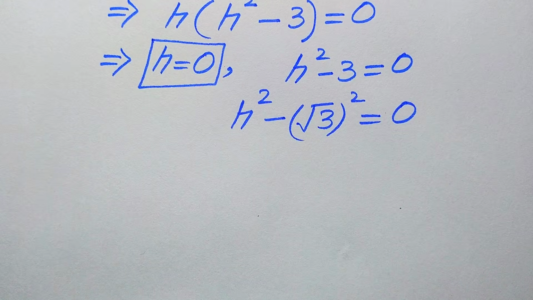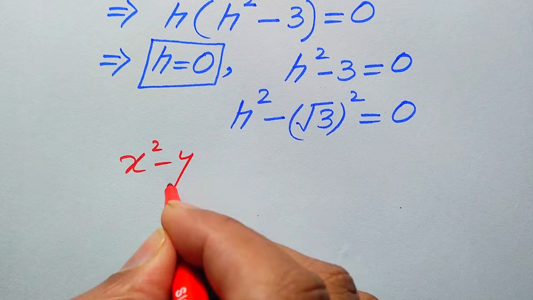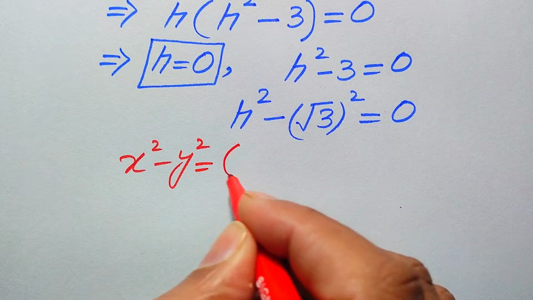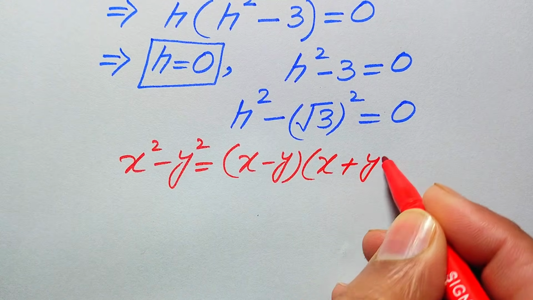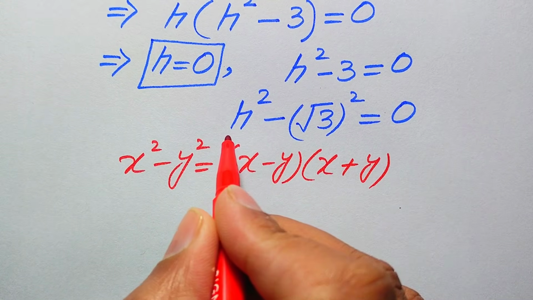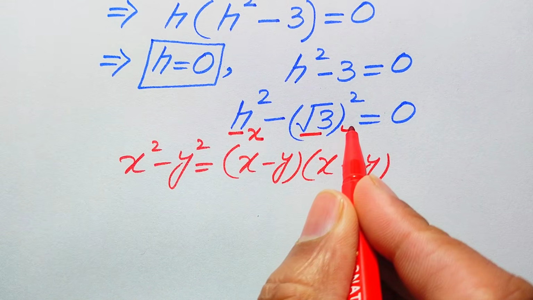Further, here we use the nice algebraic formula. You know that x squared minus y squared is equal to x minus y times x plus y. According to this, the base of this term is our x and the base of this term is our y.